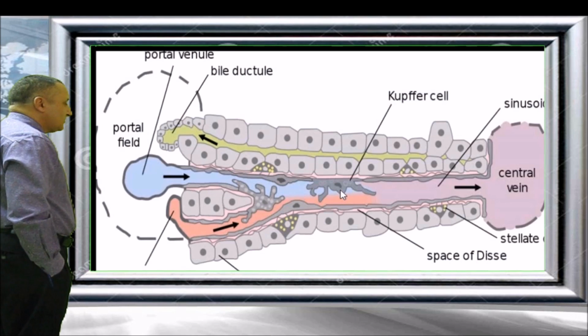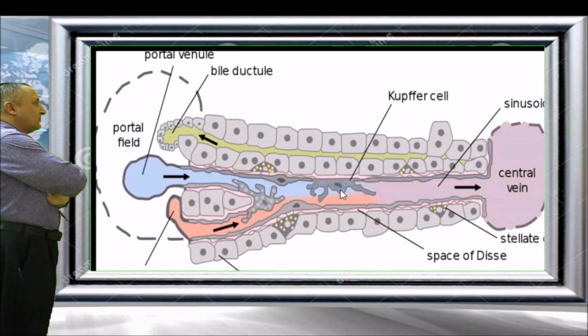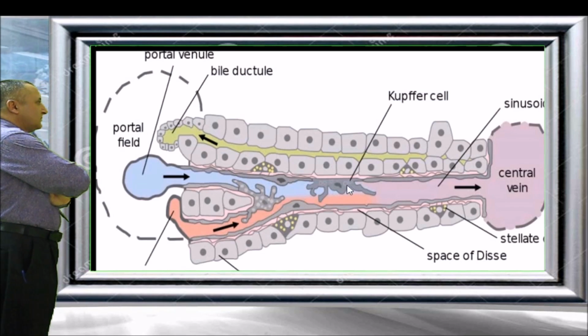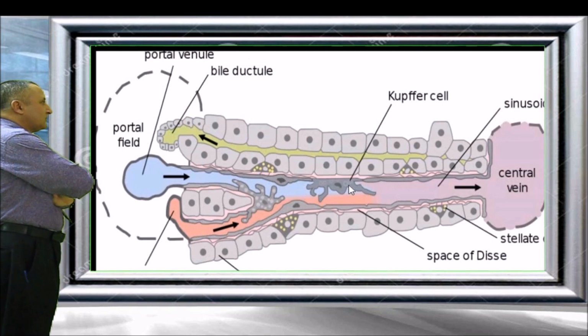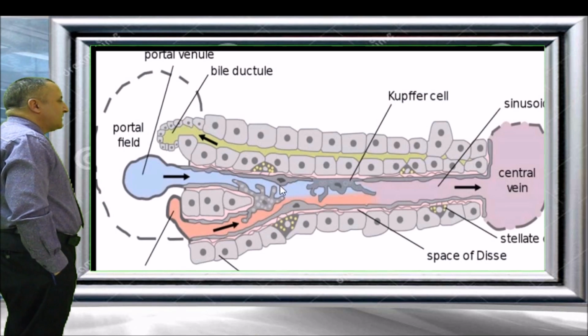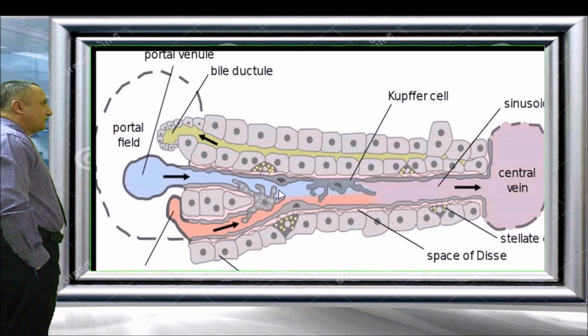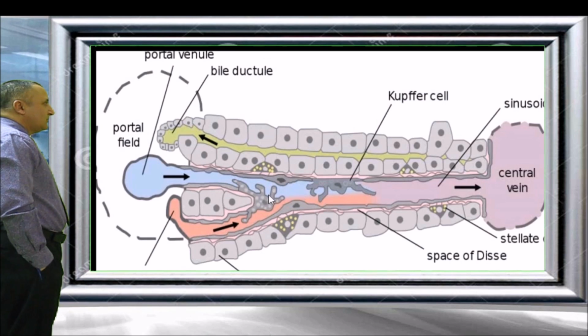They have a bean-shaped nucleus and plump cytoplasm with star-shaped extensions. You can see here these star-shaped extensions. They are more numerous near the portal tracts. These cells respond actively to many types of injury by proliferation and enlargement.